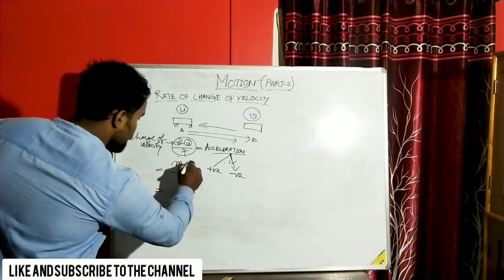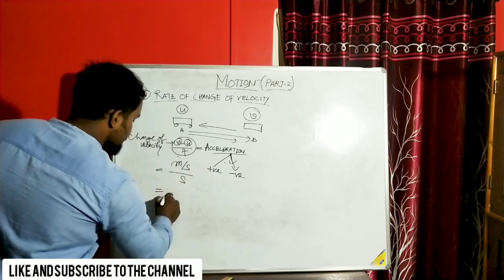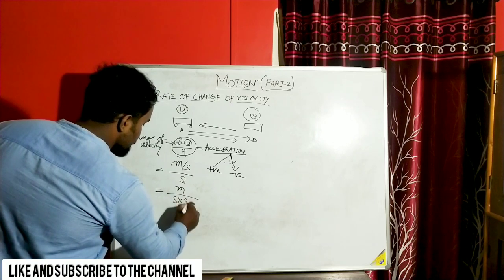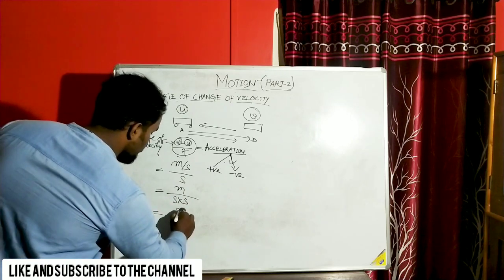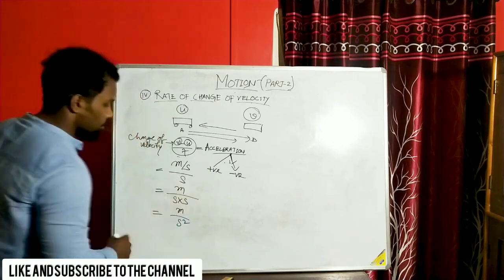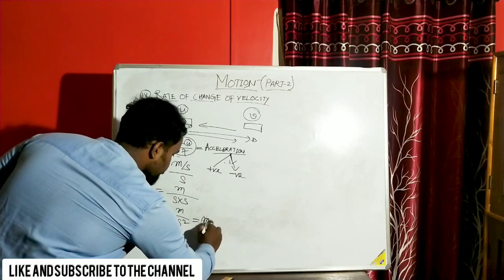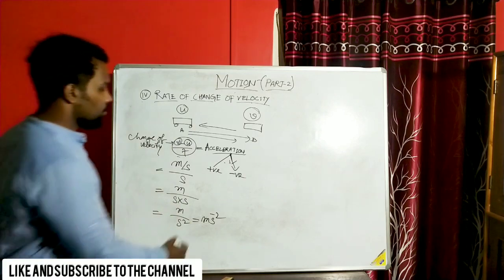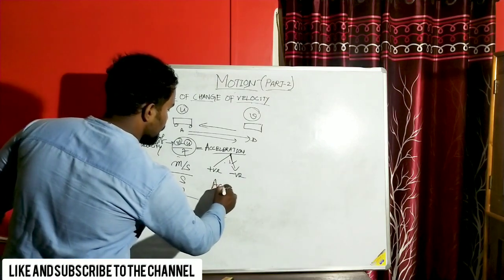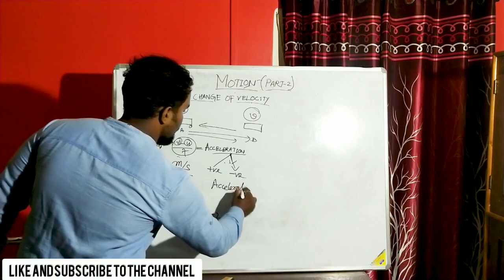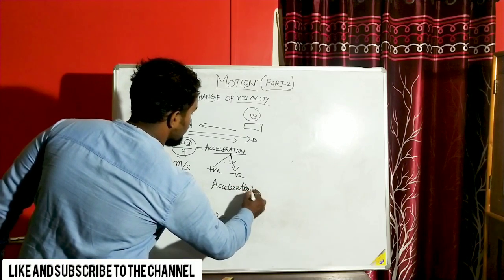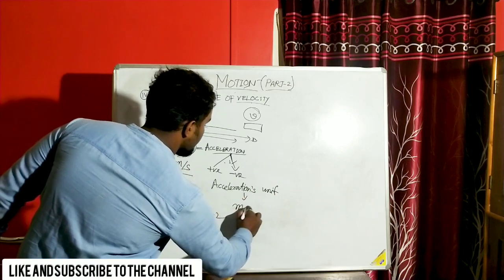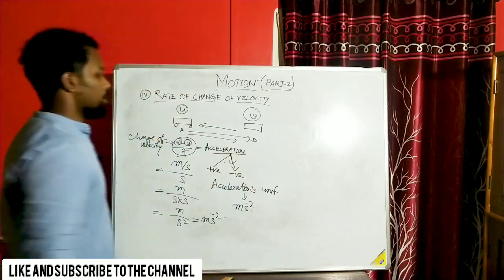If I bring down this second, upward it will be m/s, and downward it is going to be s into s. That means you can write meter per second square. So acceleration's unit is meter per second square.